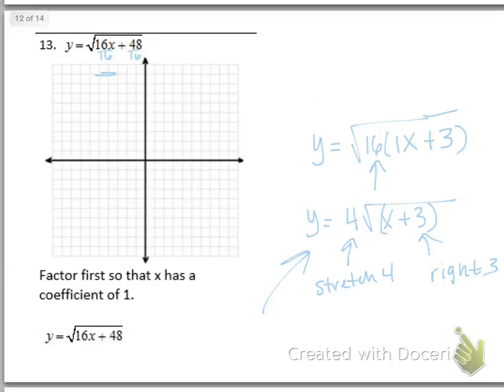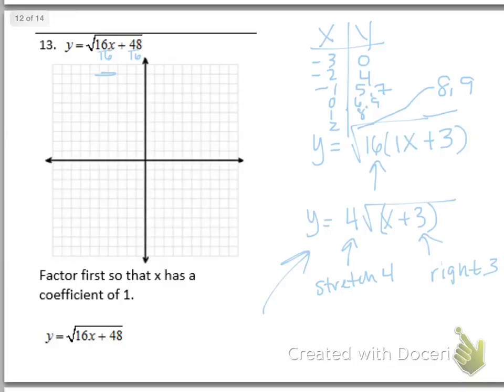Okay, if I press second table, I'm going to start mine at -3 and go from there. So I'm going to do -3, -2, -1, 0, 1, and 2. So -3, I got 0, 4, 5.7, 6.9, 8, and 8.9.